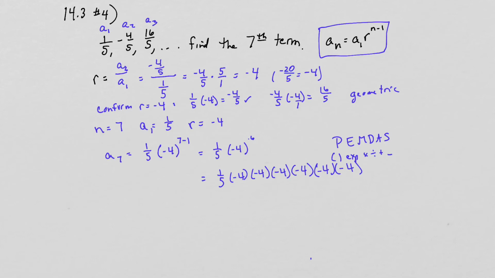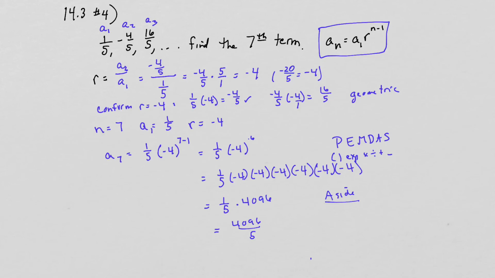So every two negative signs multiply away to be positive, and so since there's 6 negative signs, all the negatives multiply away here, and we just get positive 4 to the 6th power. So we end up with 4,096 over 5.